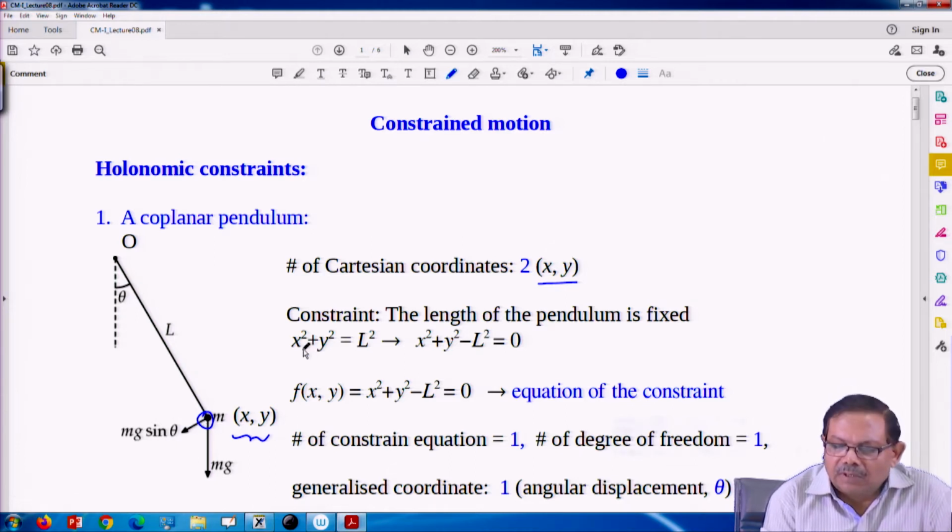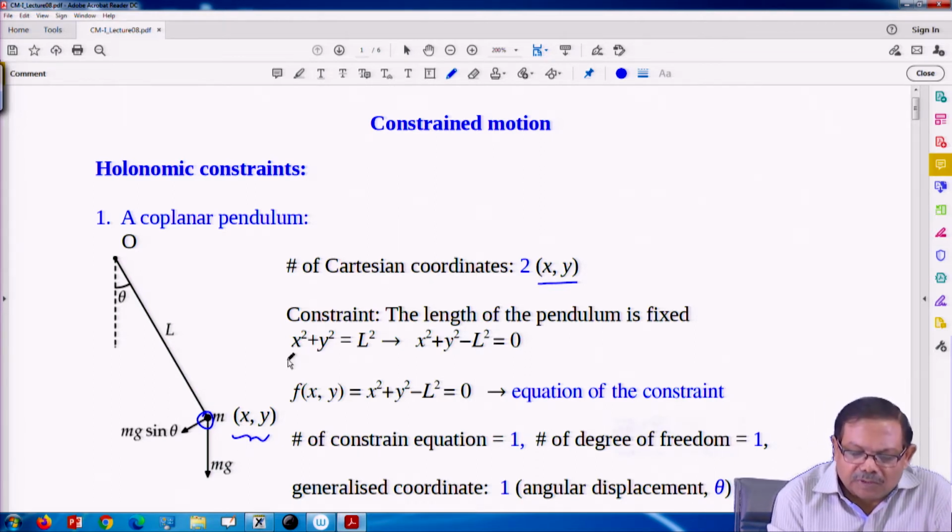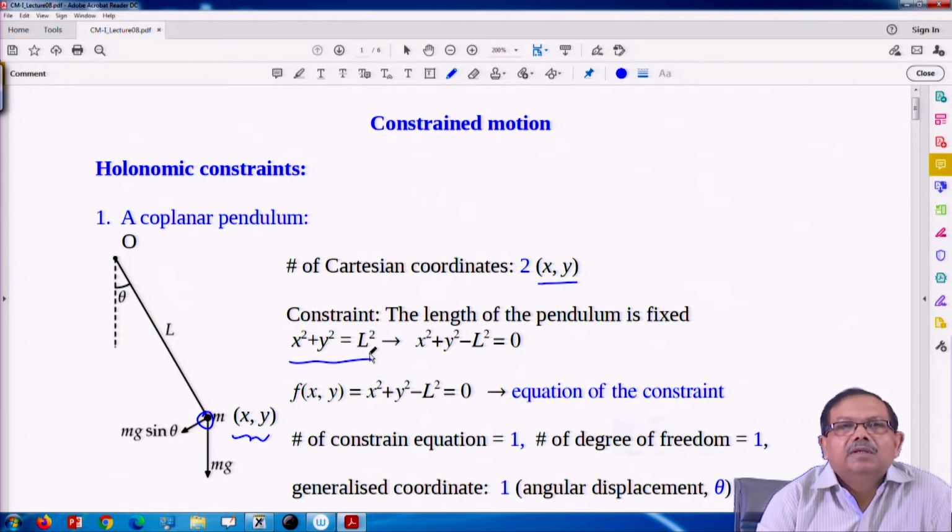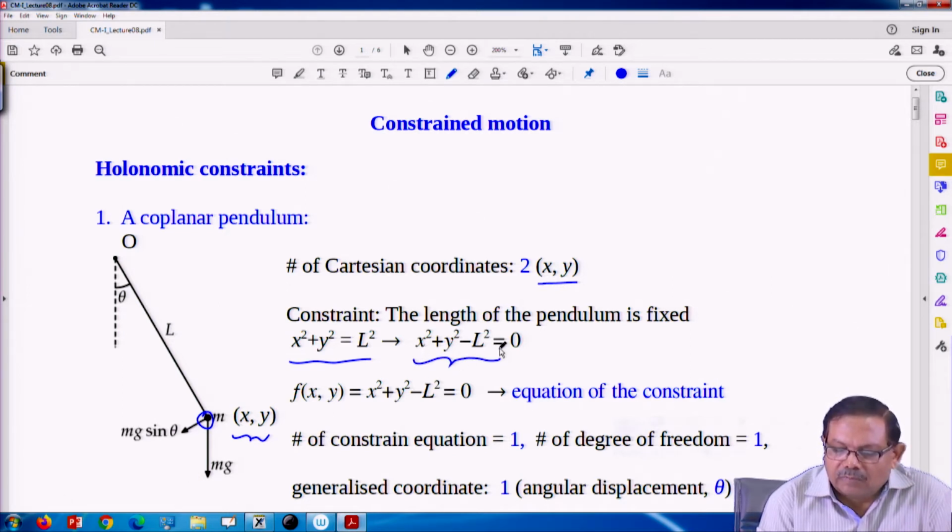So, whatever may be the value of x and y during the motion, x is changing with time, y is also changing with time, but nevertheless x square plus y square is always equal to the square of the length of the pendulum, or we can write x square plus y square minus L square is always 0.